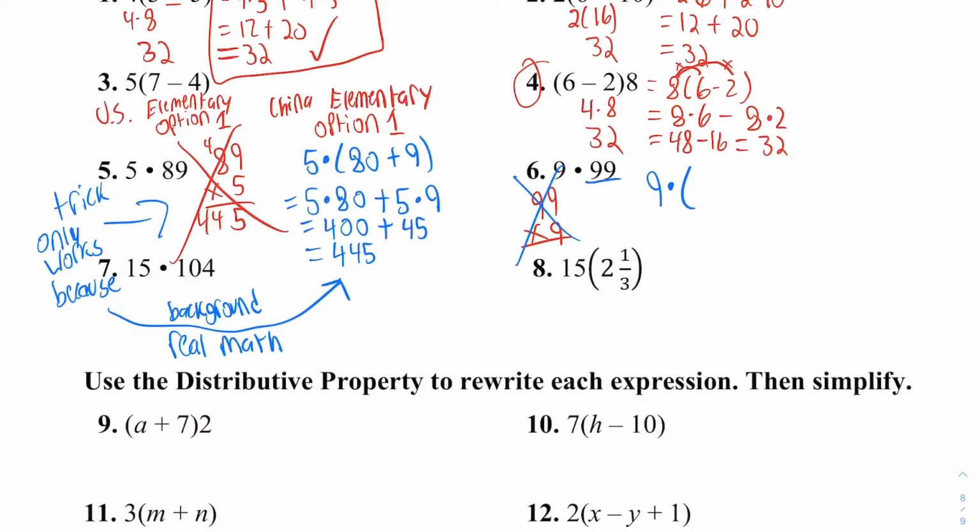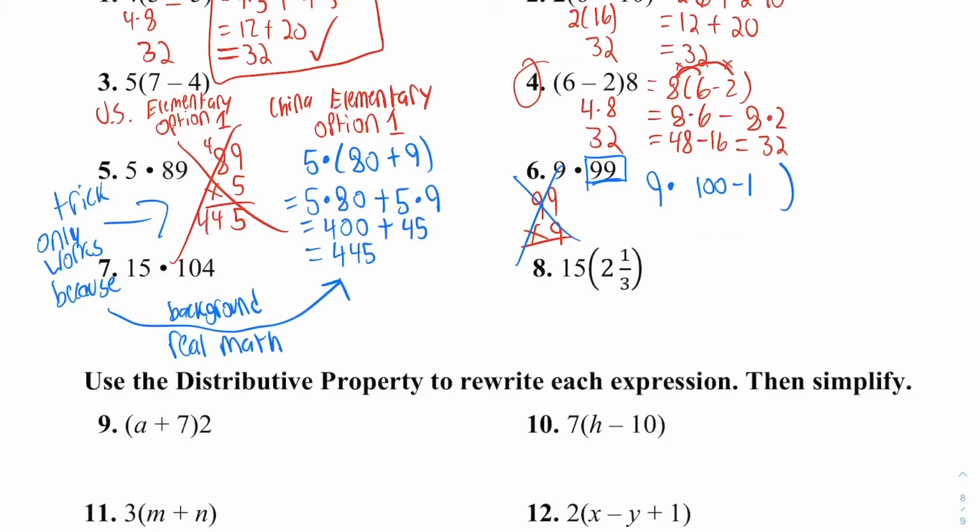We want two things that give us 99. And we're going to put those in parentheses. So we could do 90 plus 9, like in the last example, but there's an even easier way to do it. 100 minus 1.